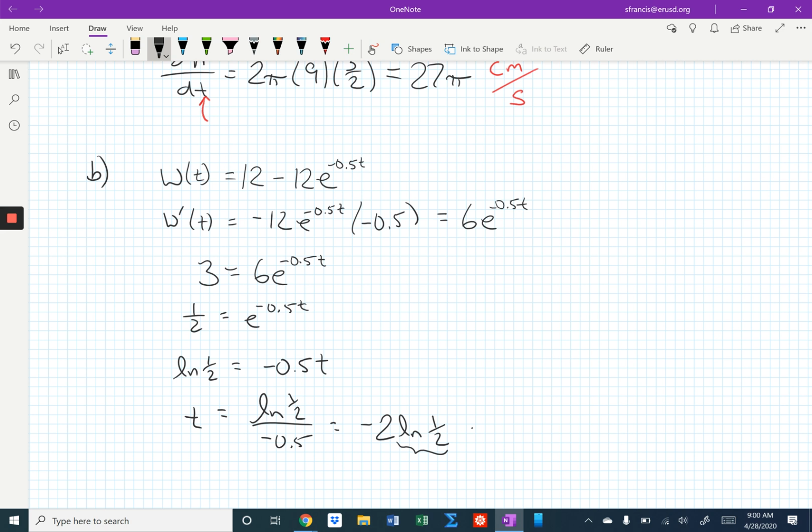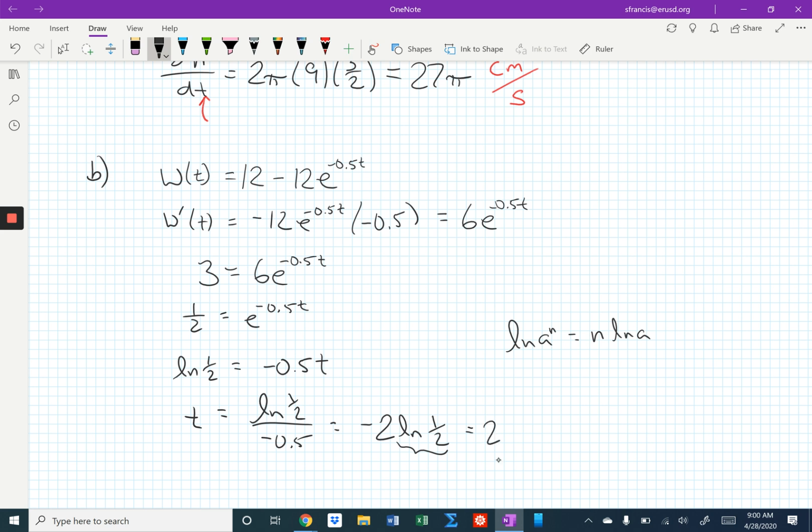One way you could see another form of this is to use one of our log exponent properties. The natural log of a to the power of n is n times the natural log of a. So I can use that negative and bring it up as an exponent.